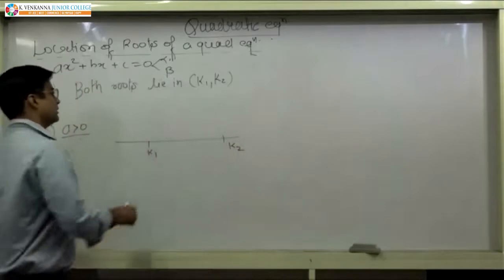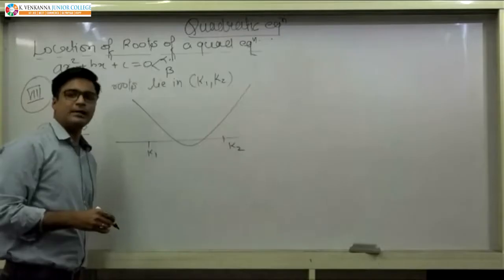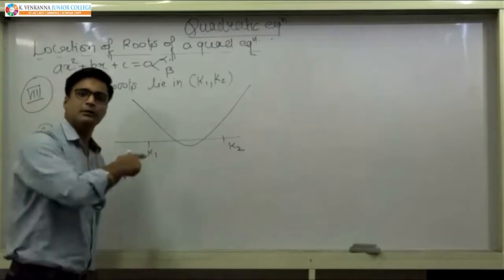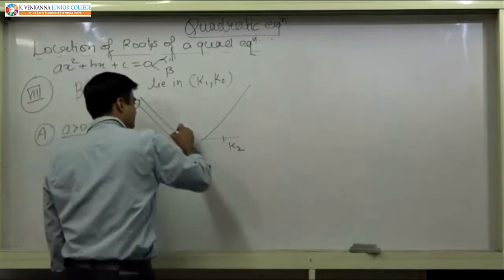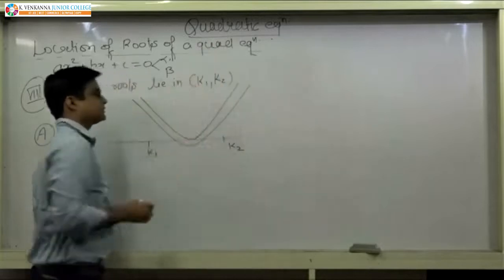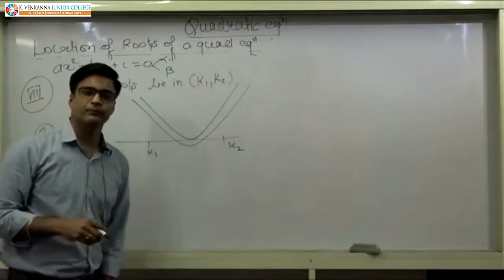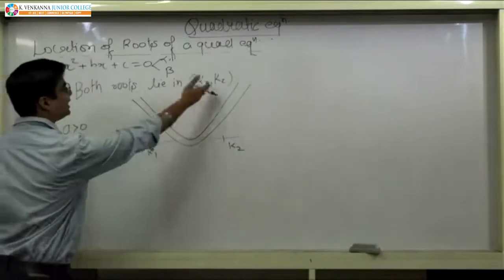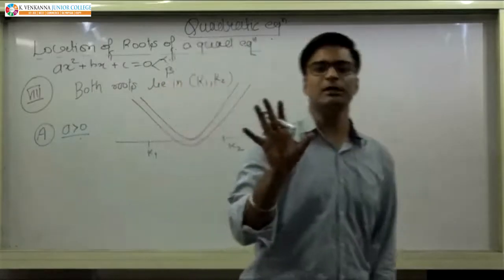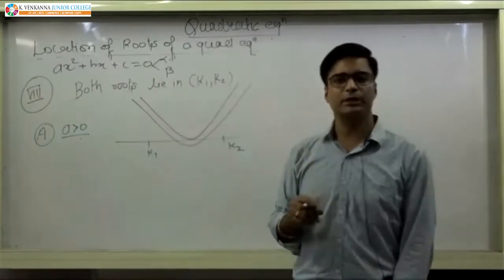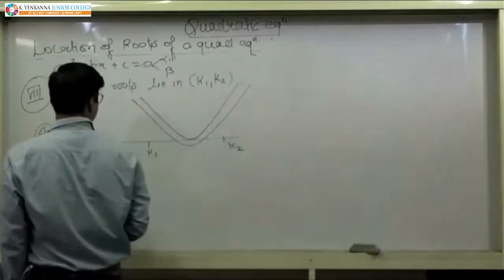That means your curve will intersect the x-axis 2 times in between K1 and K2, or it will just touch the x-axis and turn back, right? Alpha beta lying in K1, K2 means alpha can be equal to beta or it can be different from beta, right? So we need to consider both cases.